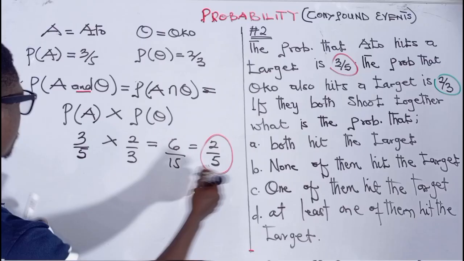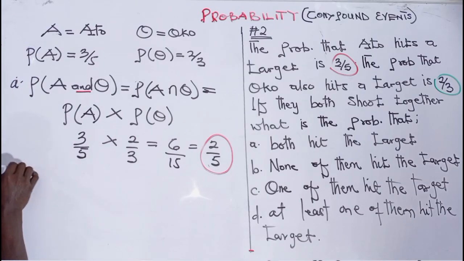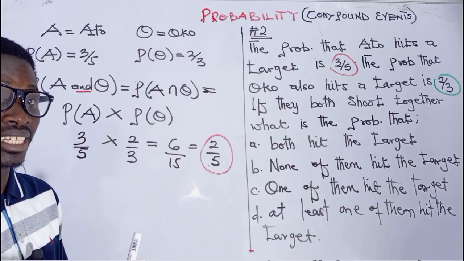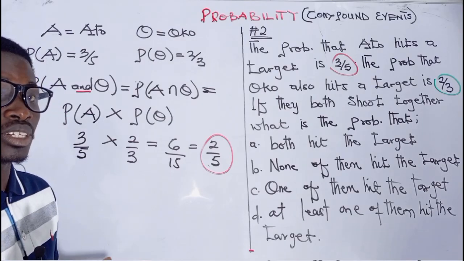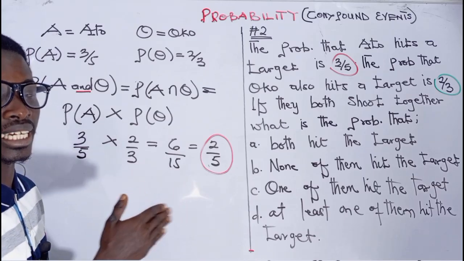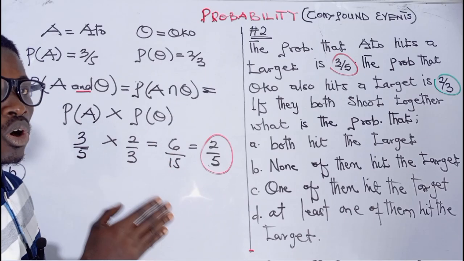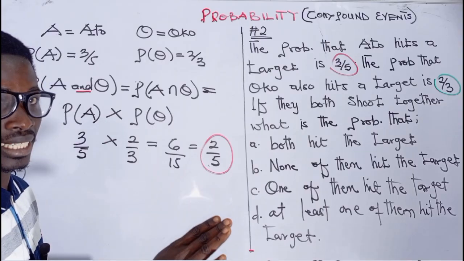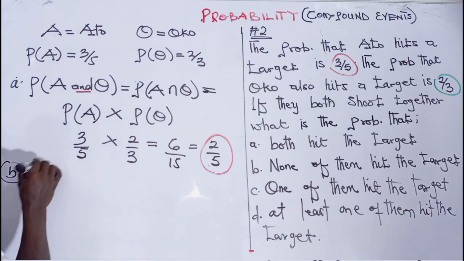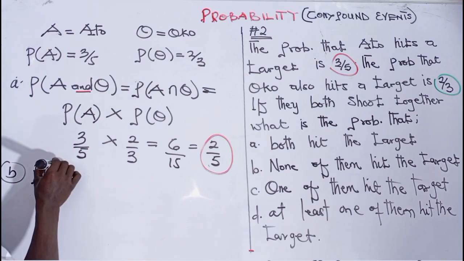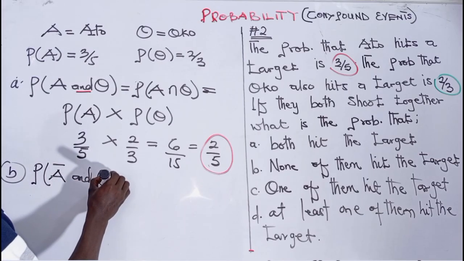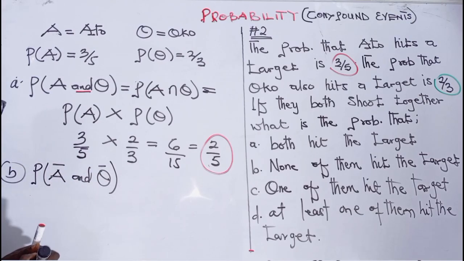Let's look at B. The probability that none of them hit the target. We are talking about none of them. So it means that Oko was not able to hit the target and Ato also was not able to hit the target. So we have the probability that Ato was not able to hit the target and Oko also not able to hit the target.